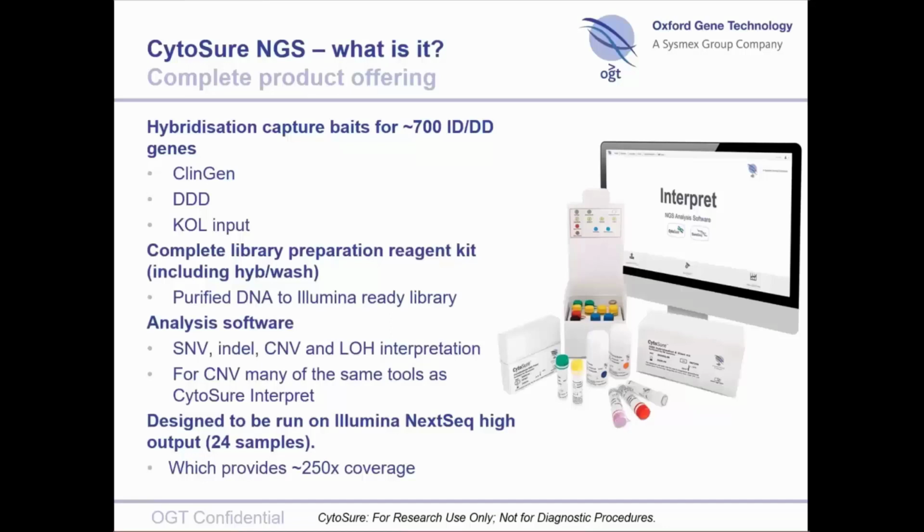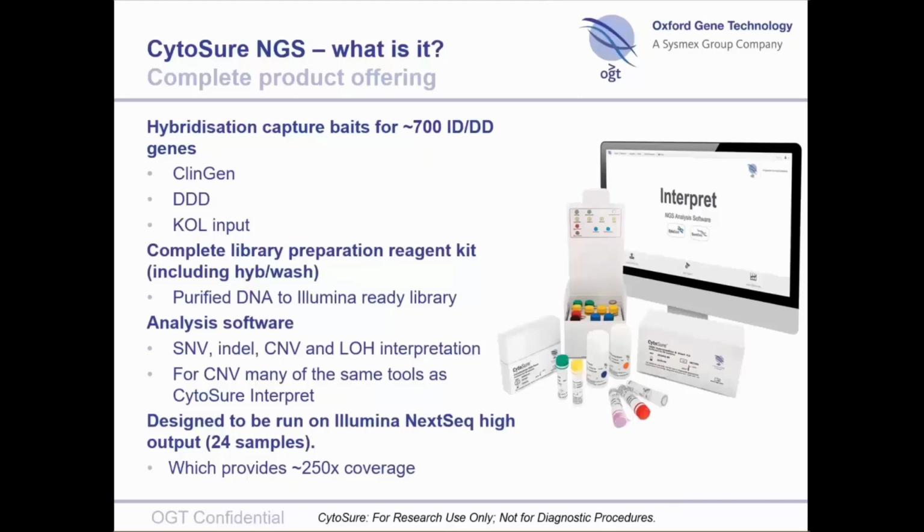That's 700 genes that are targeted at the exon level, but as well as the 700 genes for IDDD, you have a backbone of over 29,000 different regions, which gives you that CNV calling across the chromosome, similar to what you see in an array. You have the complete library preparation kit, which has been optimized and designed to work very well for this assay on the Illumina sequencer.